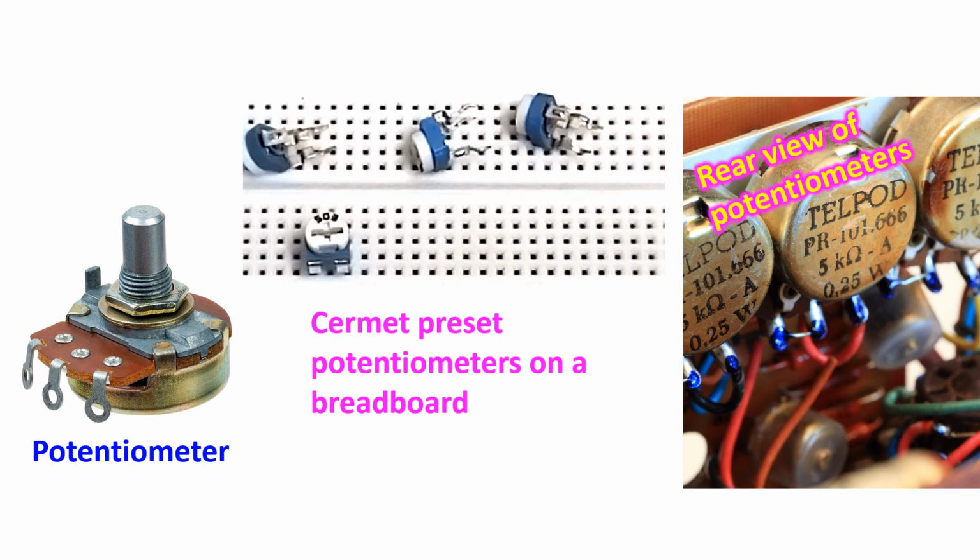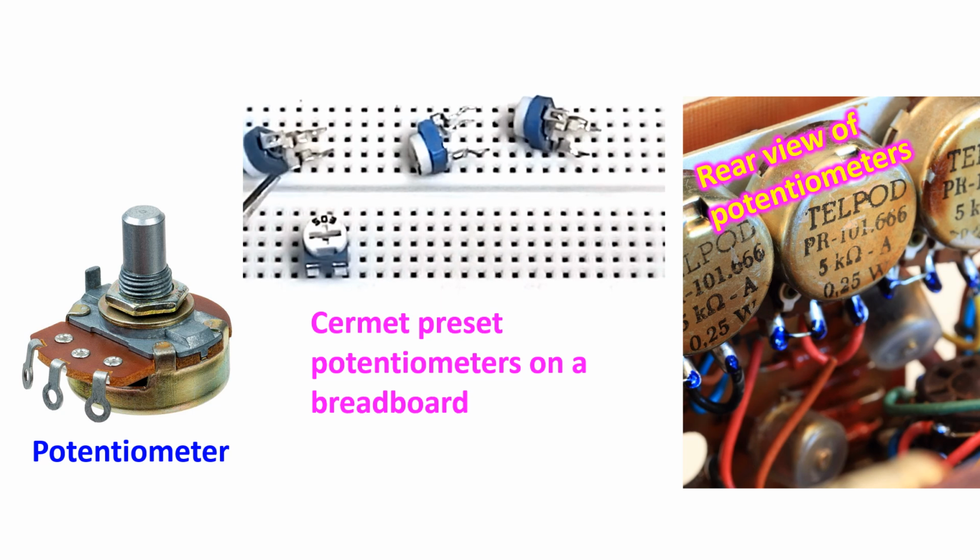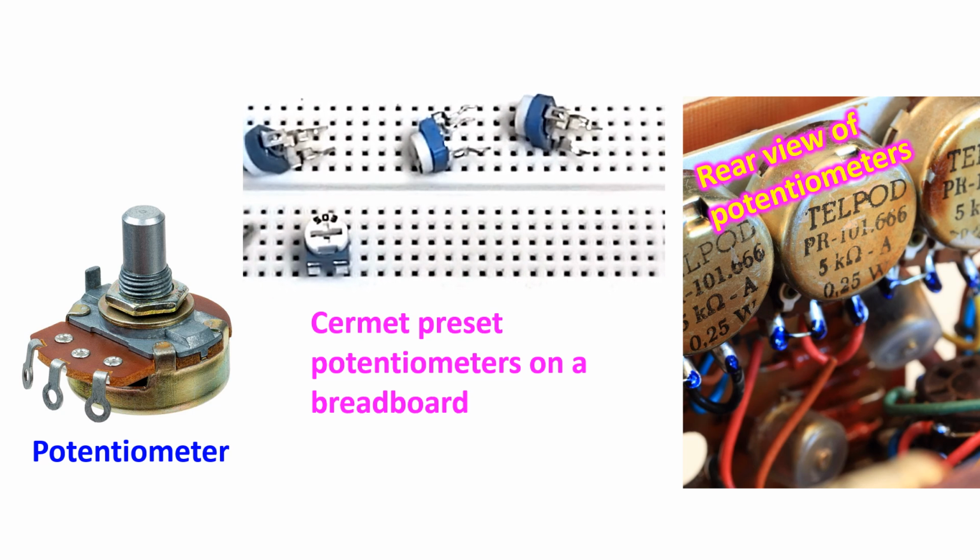A preset potentiometer is one in which the resistance value can be changed using a screw-like mechanism and set at the value until it is altered later if needed.